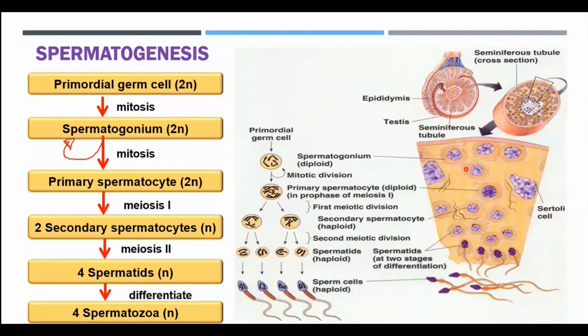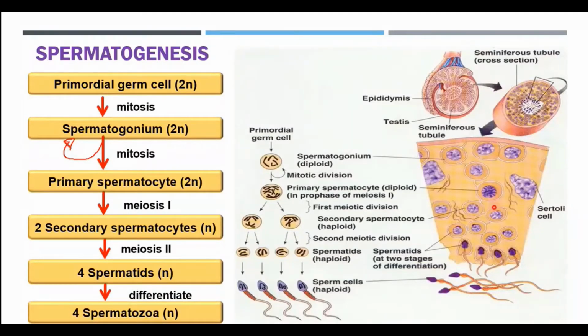Again, one spermatogonium undergoes mitosis, and this produces one new spermatogonium and another cell known as the primary spermatocyte. So one cell undergoes mitosis and produces two cells. One is still known as the spermatogonium, and the other is known as the primary spermatocyte, which is still in the diploid condition.